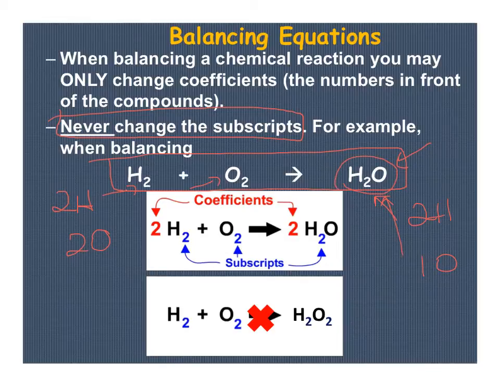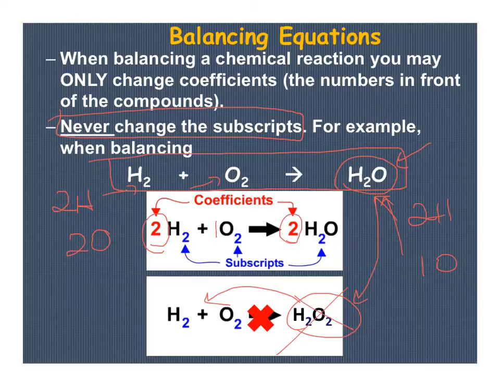You cannot change that formula of H2O to something, I just made this up, like H2H2 in an effort to balance the atoms on both sides of the arrow. Okay? You cannot change what the substances are. The only thing you can do while you're balancing an equation is to change the coefficients. Those are the big numbers in front of the formulas, of the compounds.